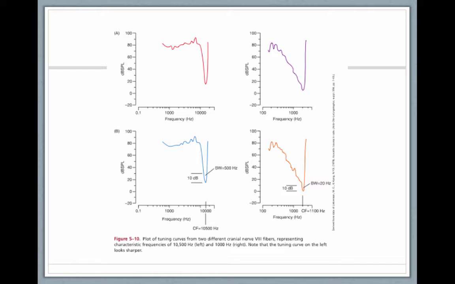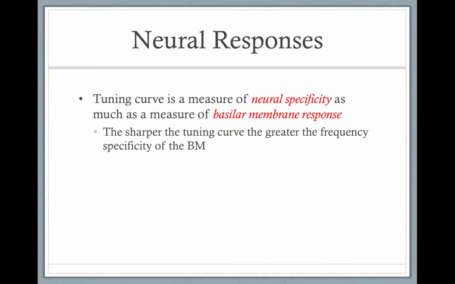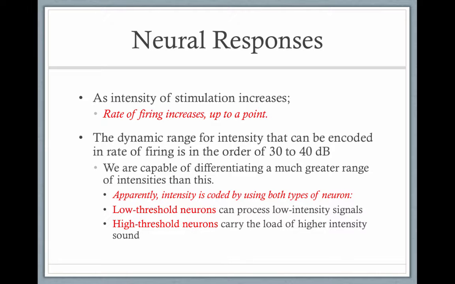So just like our outer hair cells and the basilar membrane and the inner hair cells have frequencies that they're specific to, same thing with the nerve fibers. So we have neural specificity headed up to our auditory cortex.